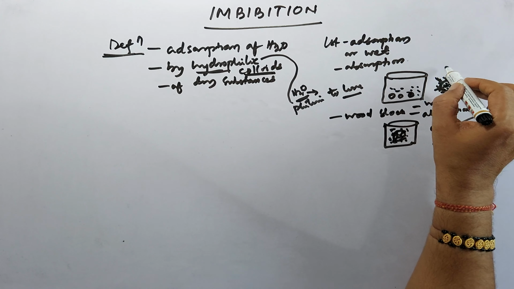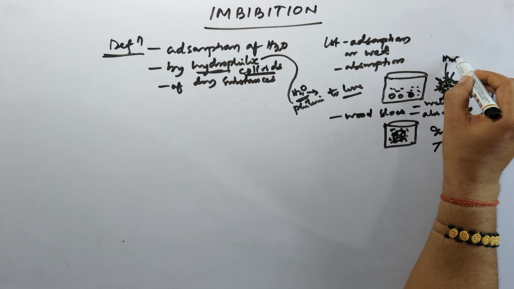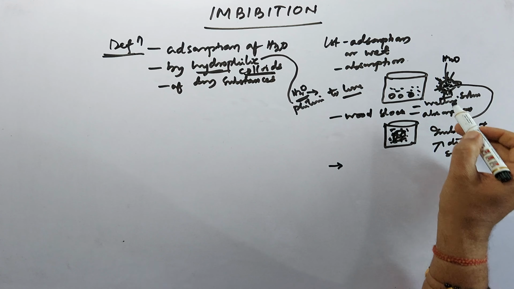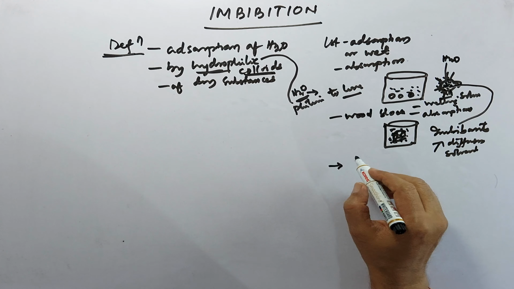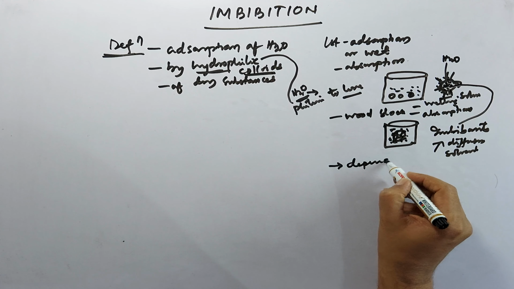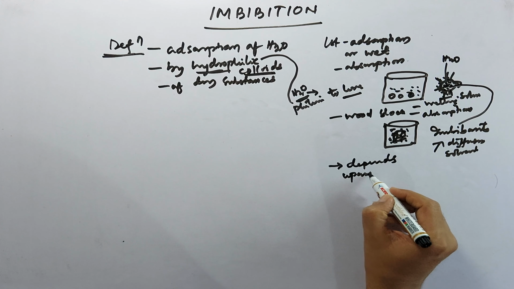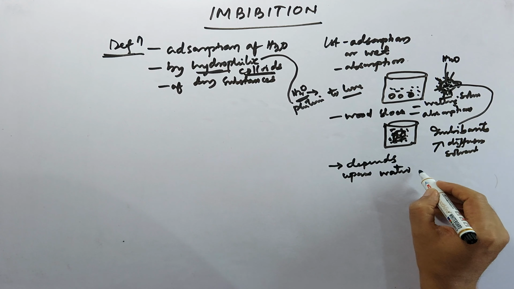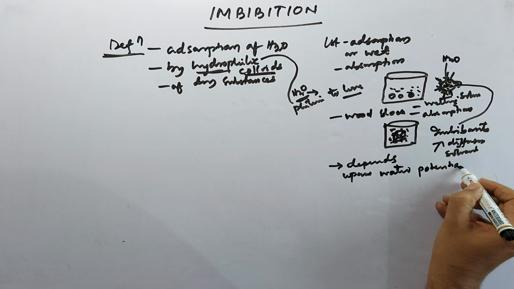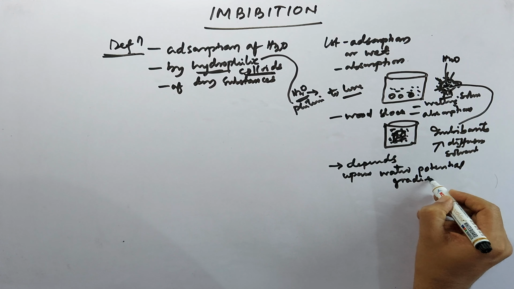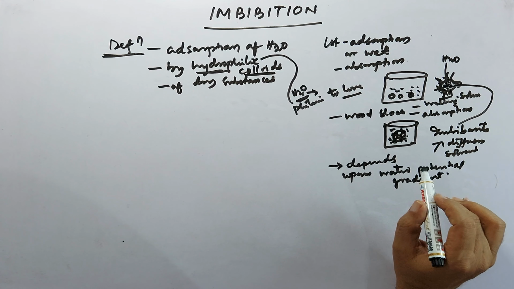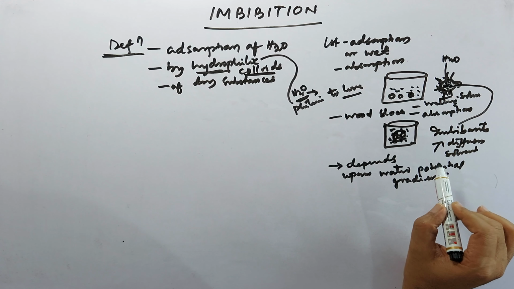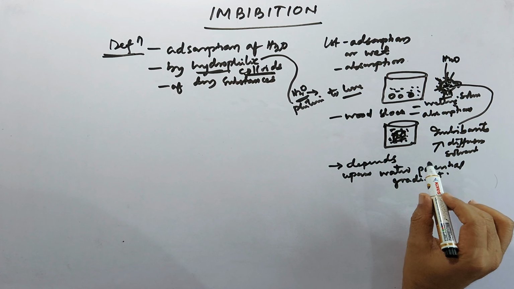Suppose the system already contains some amount of water and more water enters into it. The rate of entry of water depends upon the water potential gradient. The difference in water potential is the driving force for the entry of solvent, or water, into the system.